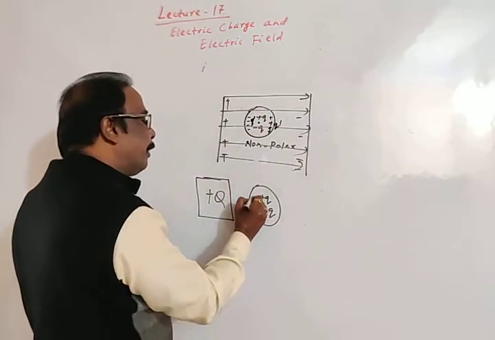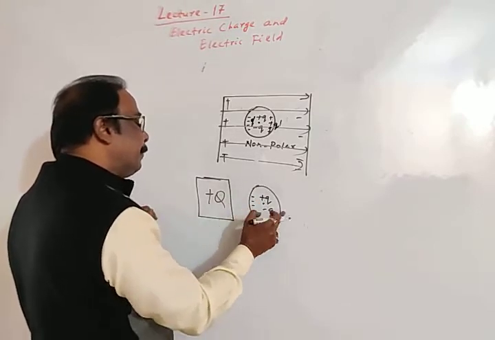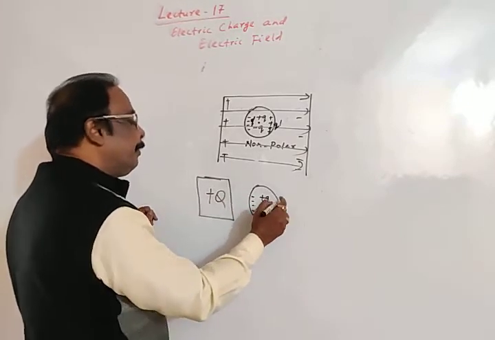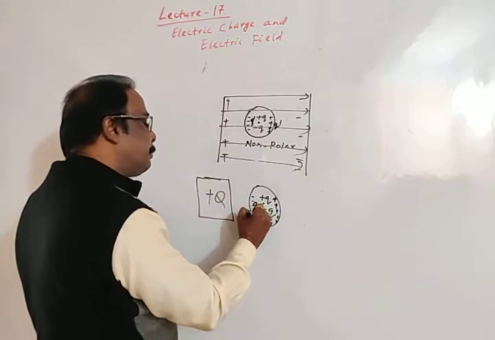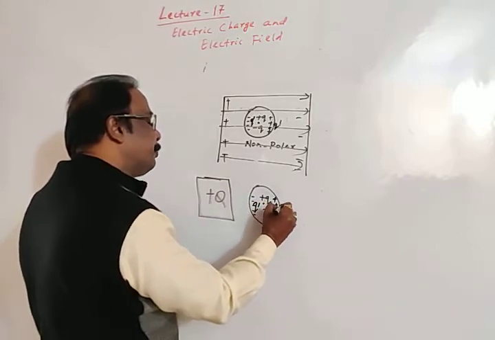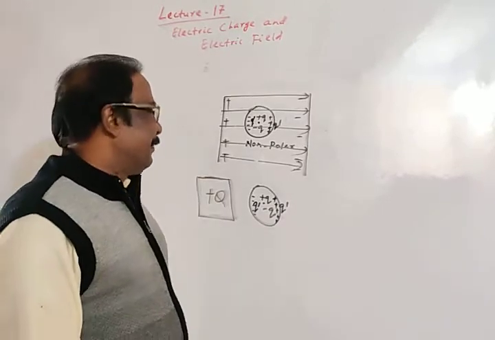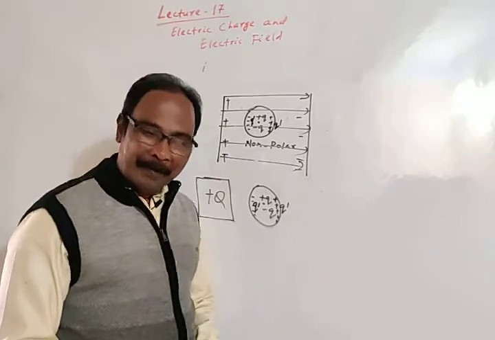Similarly, if this is negative, negative charge will develop at the far end... rather, the electrons will be attracted to the near end, and at the far end there will be positive charge. Let this charge be minus Q dash, this charge plus Q dash. So this is about conversion of a non-polar atom into a polar atom.